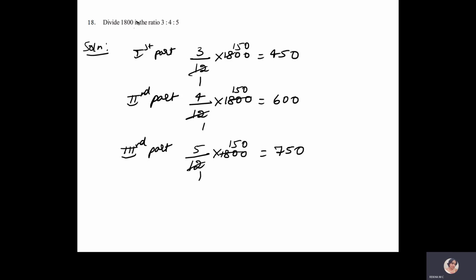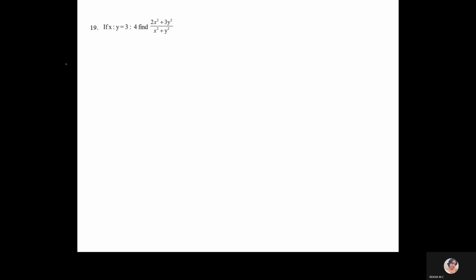The next question. The 19th one. If x is to y is equal to 3 is to 4, find 2x square plus 3y square divided by x square plus y square. So x by y is equal to 3 by 4 is given.